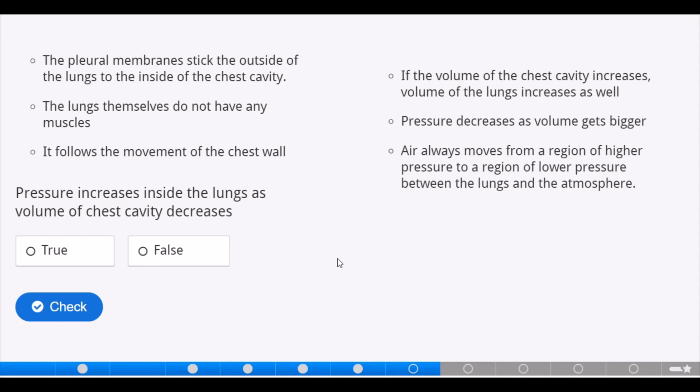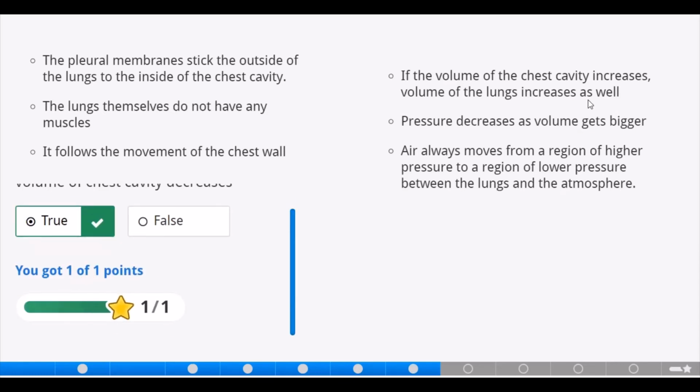Okay, that's the question. And it says, let's check. Pressure increases inside the lungs as volume of chest cavity decreases. True. The explanation is stated here. If the volume of the chest cavity increases, volume of the lungs increases as well.